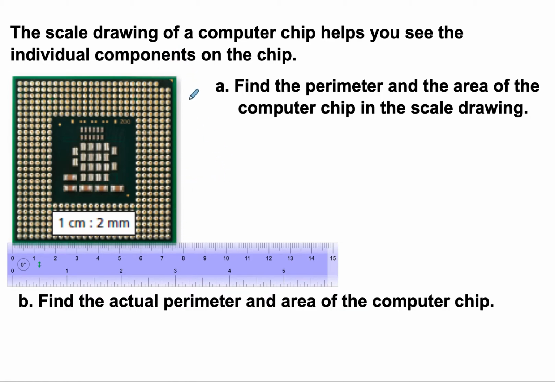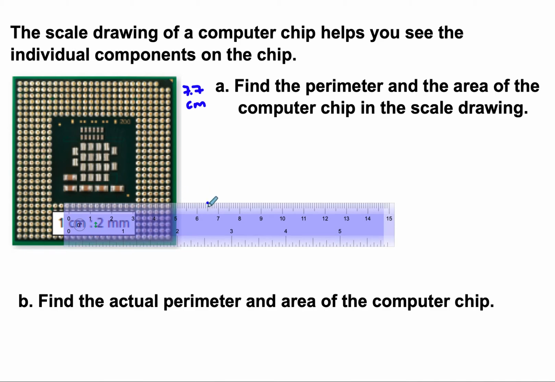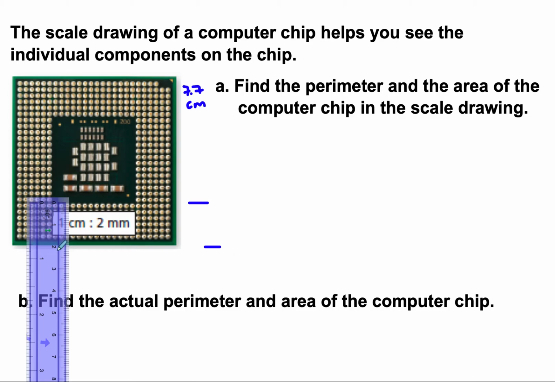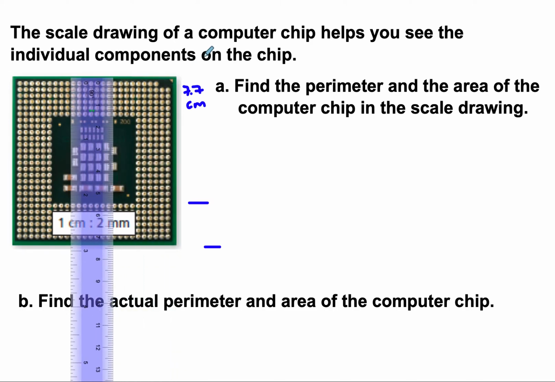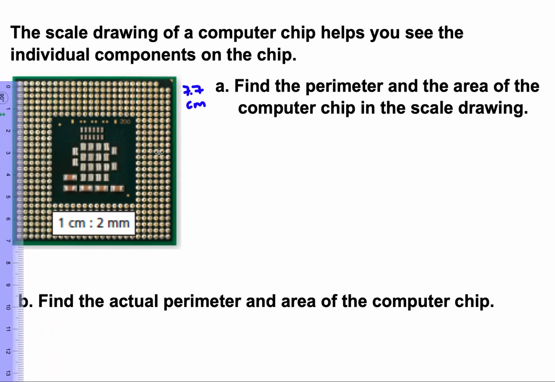Okay, so I'm going to call this side 7.7 centimeters, and it's always a good idea to double check that they're the same. Pretty sure this is a square though. Let's see. Yep, 7.7. Okay, so I'm going to get the ruler put away, and I'm ready to do my math.